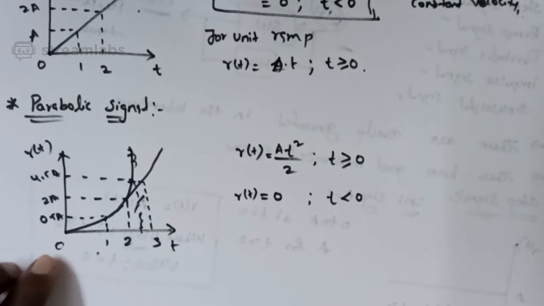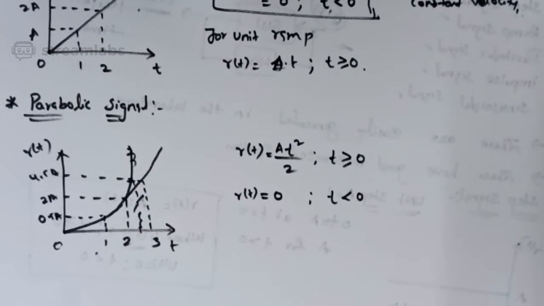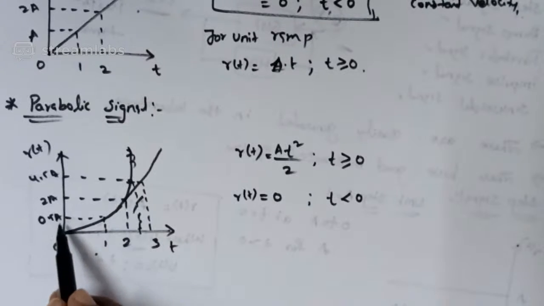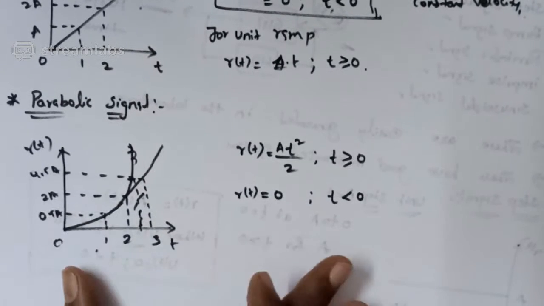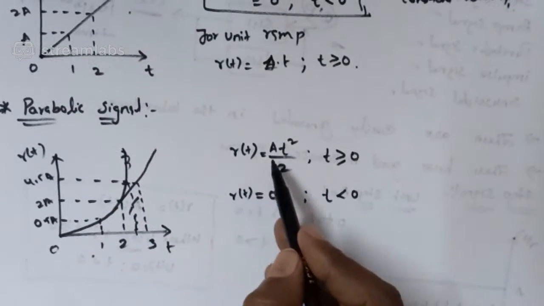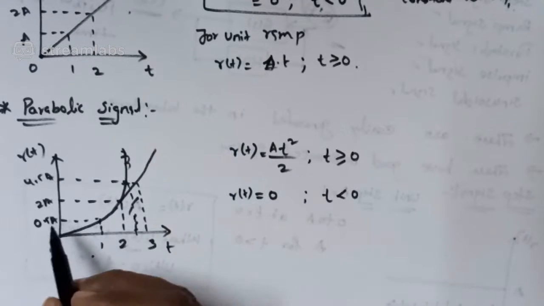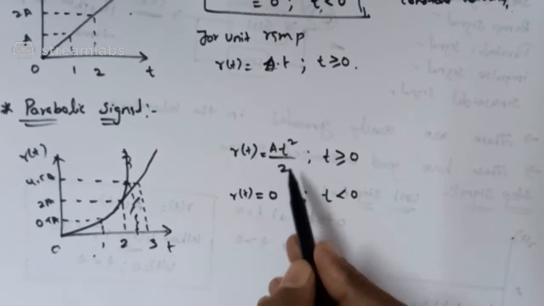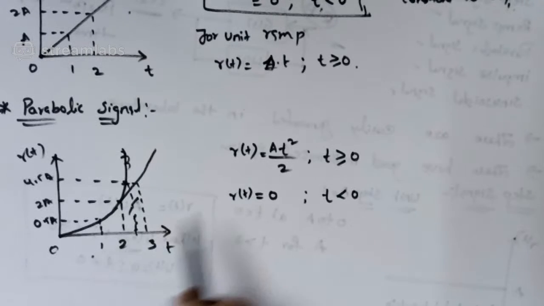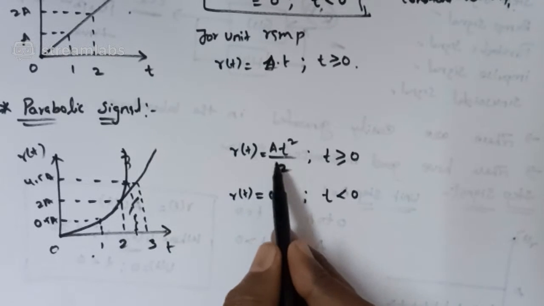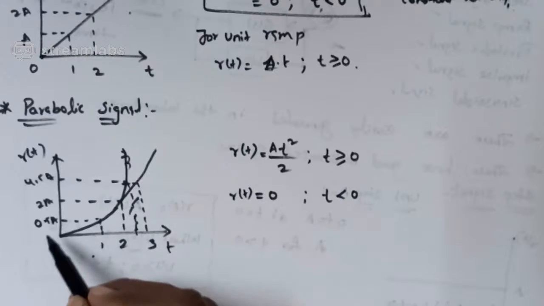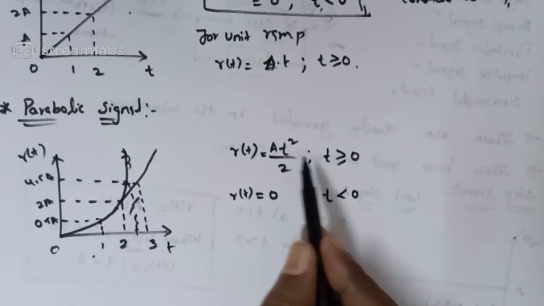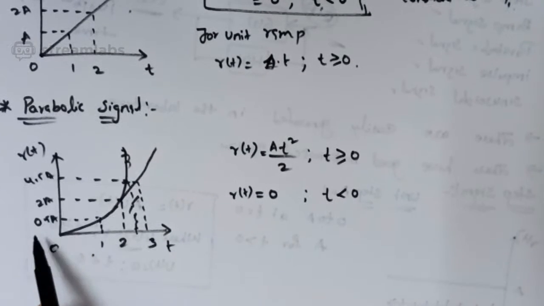See here, from here only the r of t value gradually increases. So r of t is equal to a into t square by 2. See here, when t is 1, r of t value is 1 by 2, a is 0.5, 1 by 2, 0.5. That's why we came.